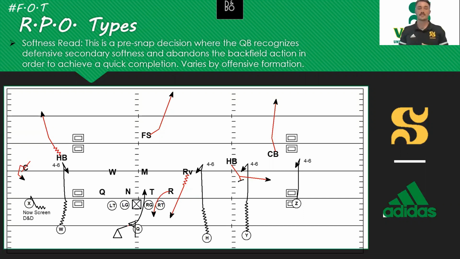You can change your philosophy to say, hey, instead of asking our guys to be in a good position to block what I like to call edge pressure, these guys are going to run curls, okay? And quarterback, if you recognize that when you catch the snap, make sure that you're in a good position to throw that open space immediately, okay? So that's another RPO type.